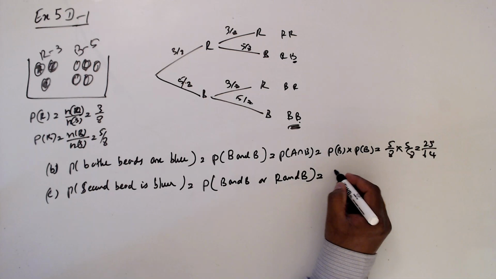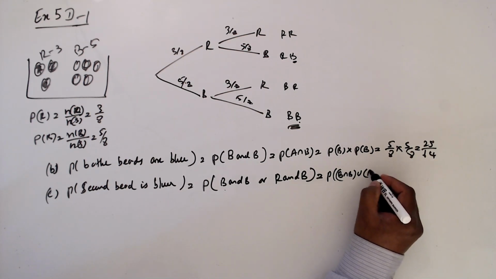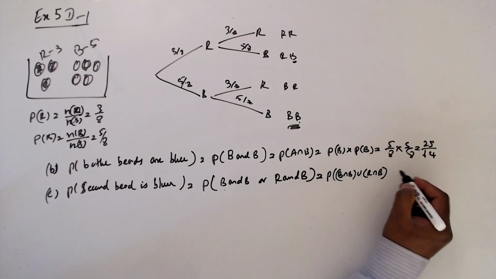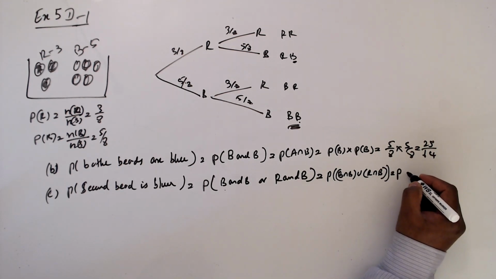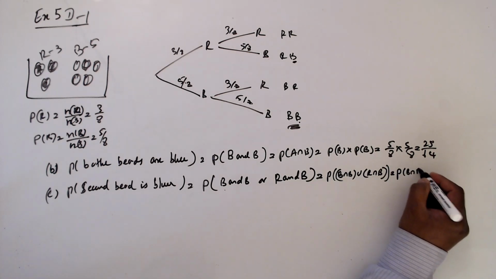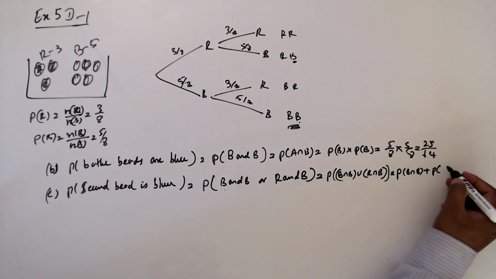That means probability of B and B union R and B, which is probability of B and B plus probability of R and B.